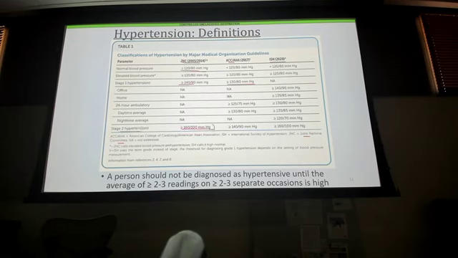JNC says anything greater than 160/100 is stage 2. That's a pretty significant difference when you compare it to the ACC-AHA, which says anything greater than 140/90 is considered stage 2. So, the society you follow will determine how you define these different things.